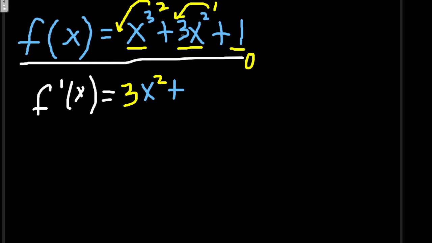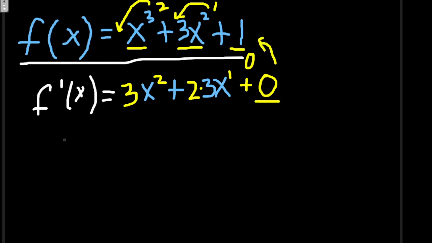Because there is a 3 in front, we actually have to do 2 times the 3 that's already there, and then x, and this becomes 1 from 2 because we subtract 1, right? And then we just add 0 because this is the derivative of the 1.